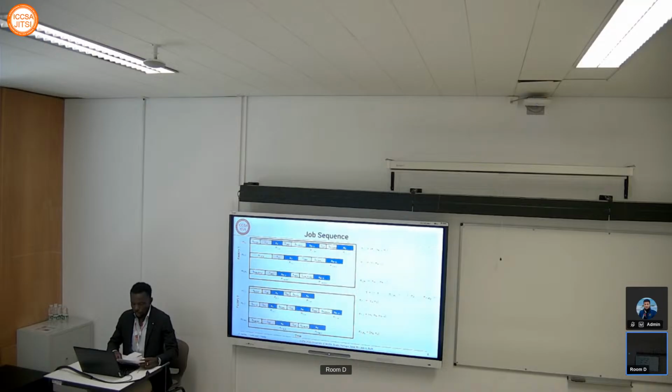This slide shows how jobs are scheduled across factories over time. Each bar represents a machine within a factory, and the blue blocks correspond to jobs. For example, we can see the sequence of jobs in a machine in factory 1 to factory F. This scheduling accounts for the processing time, the setup time, and transportation time.